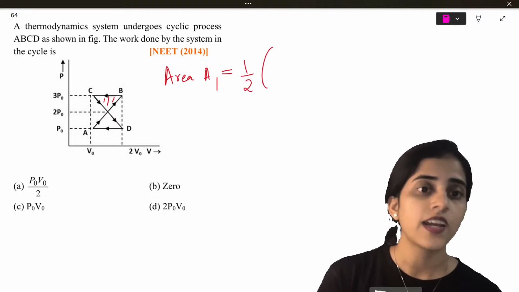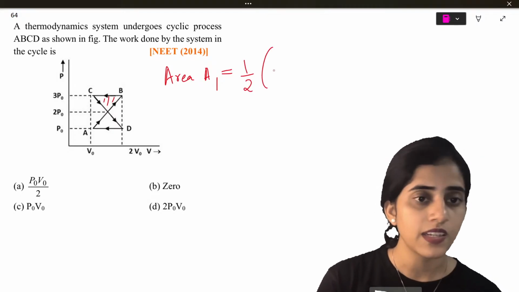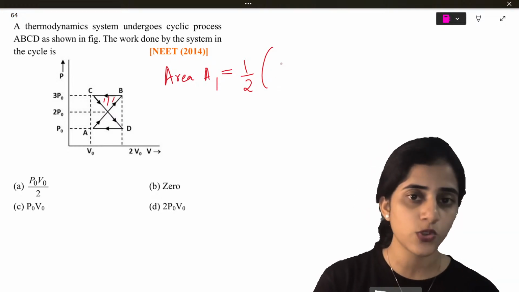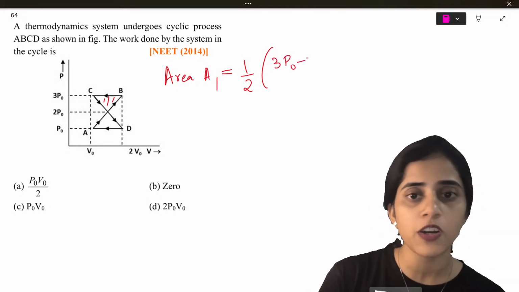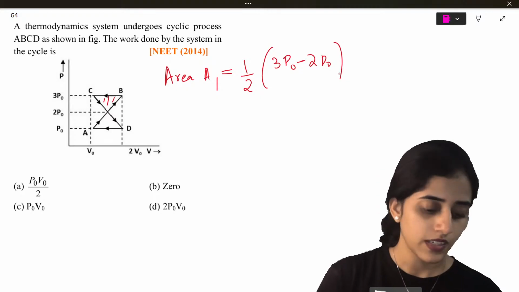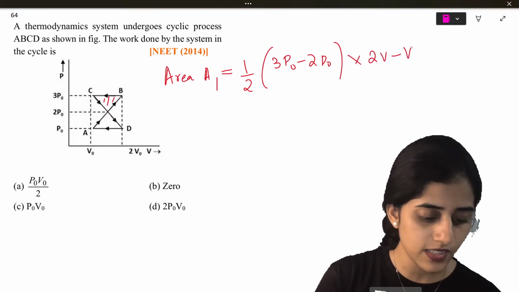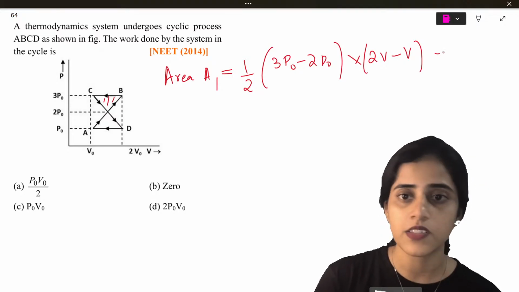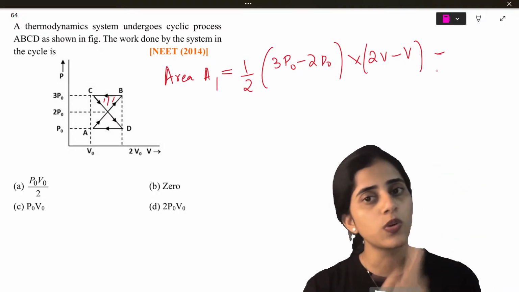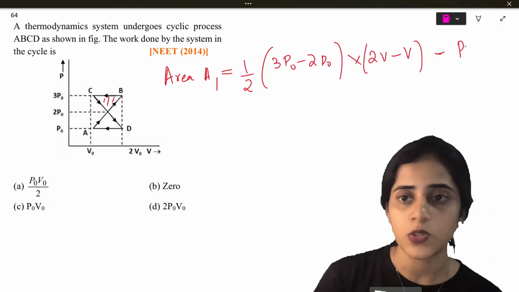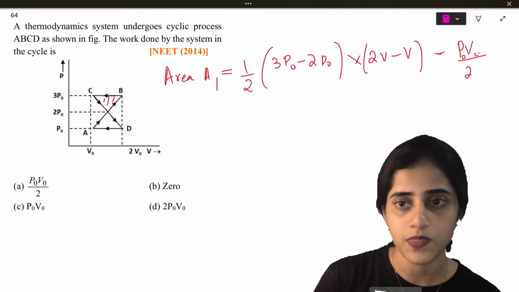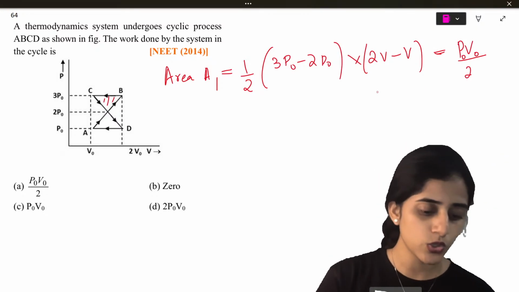So half. How much is going to be the base? Okay, let's take the height. Height is going to be 3p0 minus 2p0, into, what is the base going to be? 2v0 minus v0. This is going to be equal to, 3 minus 2 is 1, 2 minus 1 is 1, so P0V0 by 2.